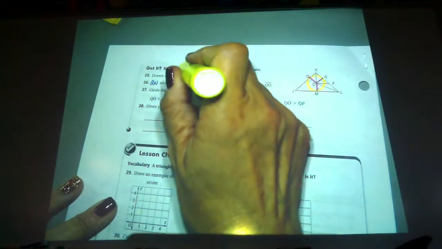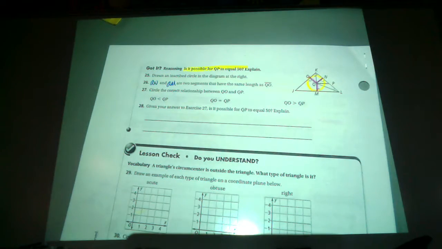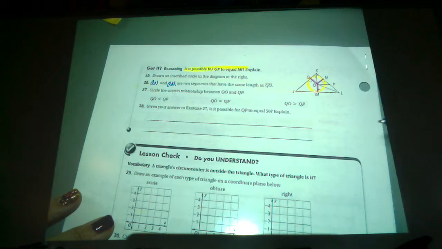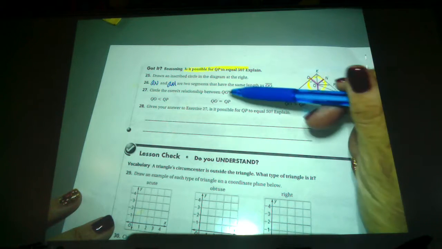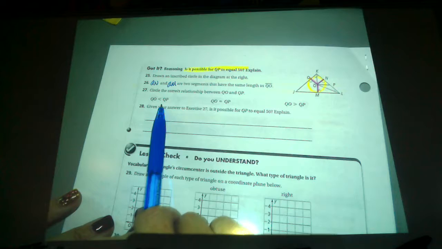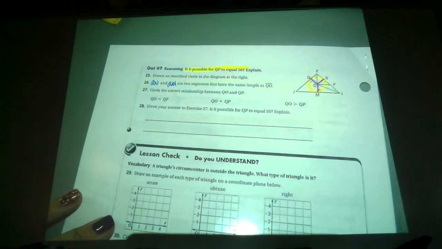And in the directions above it says, is it possible for QP to equal 50? QP is right here. Is it possible for that to equal 50? Well, let's look at the relationship between QO and QP. So is QO less than QP? Is it equal to? Is it greater than? Well, look at the circle that we drew in here.